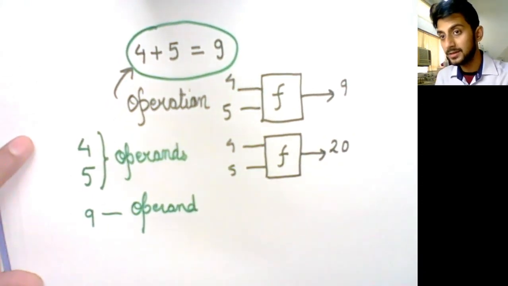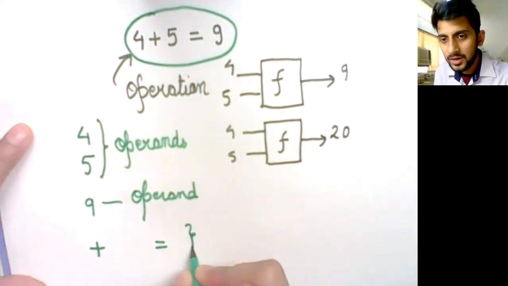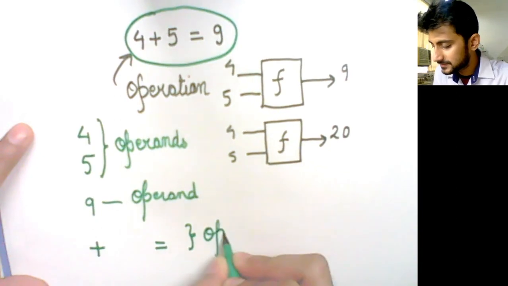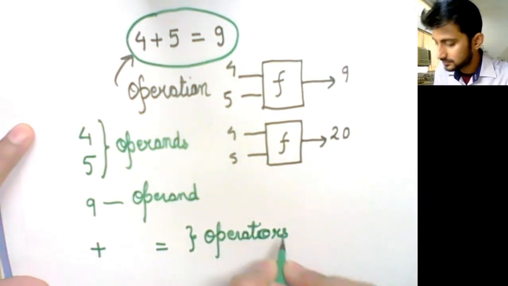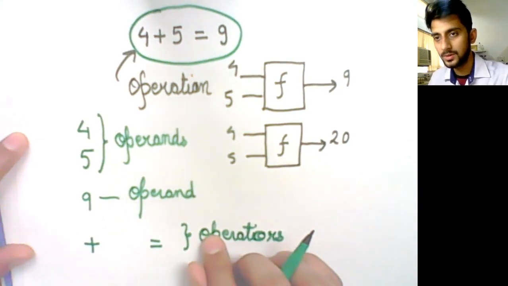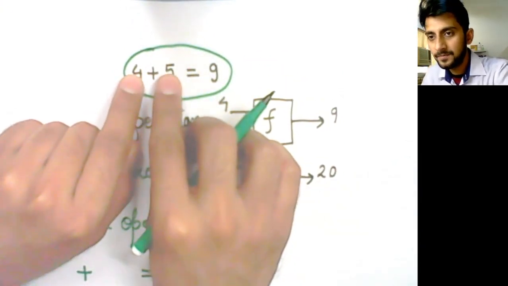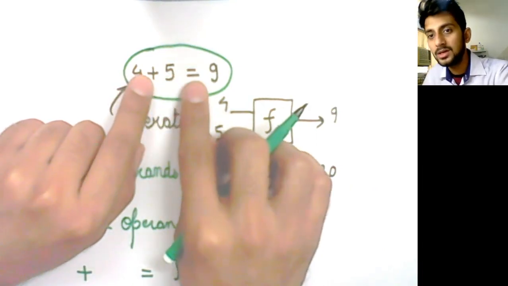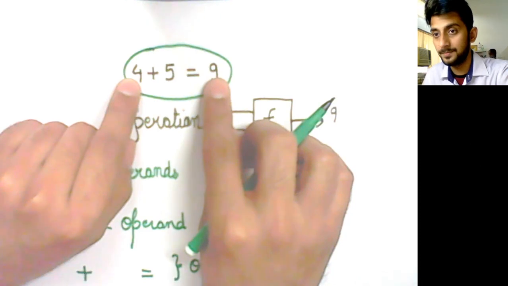Then we have another different looking symbols also, plus and equals. These are called mathematical operators. So when plus operates on 4 and 5 and then equals to operates on this, you get an answer equals to 9.